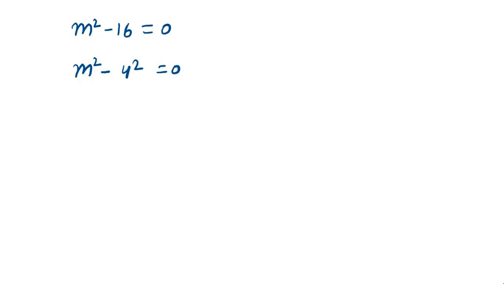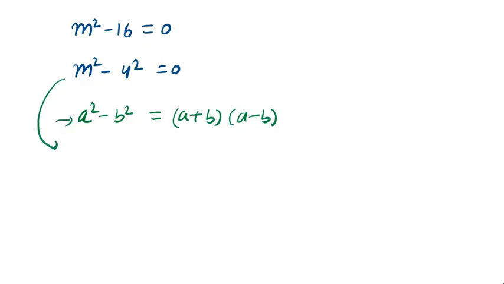Here we will apply this algebraic identity, which is a square minus b square is equal to a plus b times a minus b. And according to this identity, we can write m square minus 4 square is m plus 4 multiplied by m minus 4 is equal to 0.